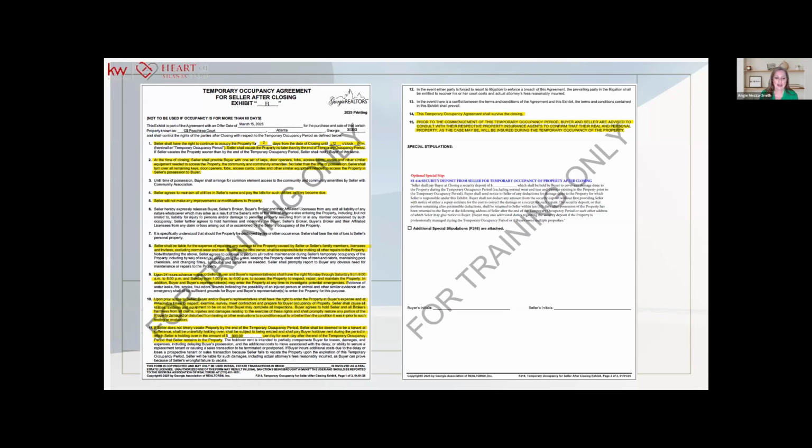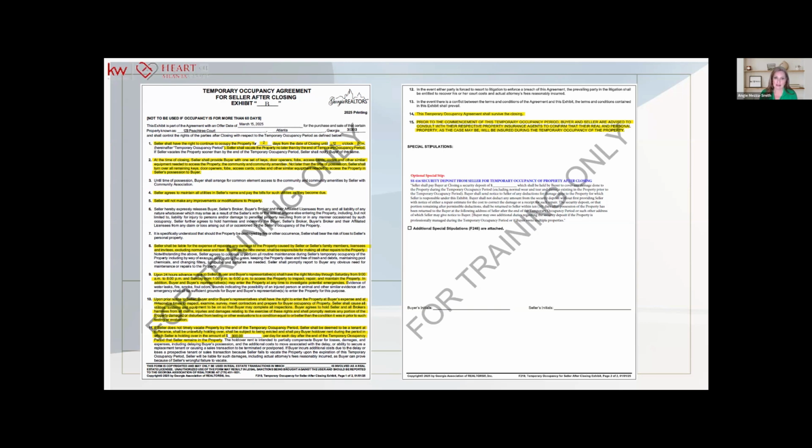What paragraph 11 is saying is there is a fee, in order to try to be some sort of liquidated damages, that the seller would contractually owe the buyer if they don't leave in time. And then it goes on to say, over and above this daily fee that is referenced there in our blank, I have $300.